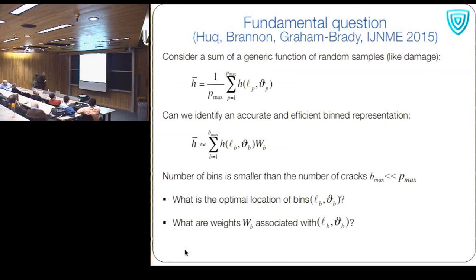Our question is, can we identify an accurate approach that takes this summation over P_max, which should be a very large number, and breaks it down to a sum over a much smaller number? Because then we have to do many fewer evaluations of H, and that gets costly if we have too many.